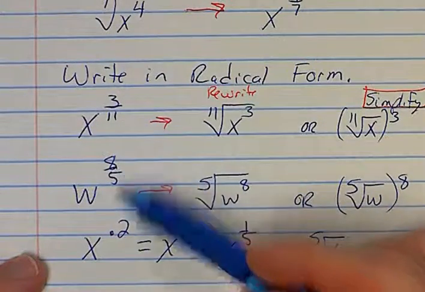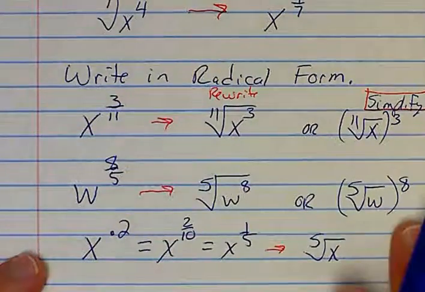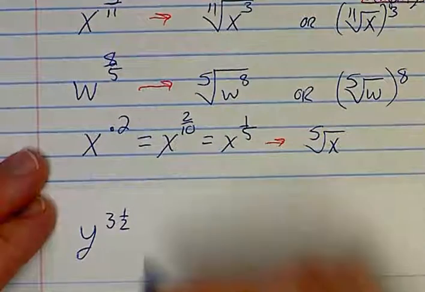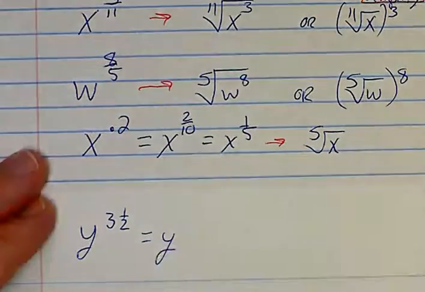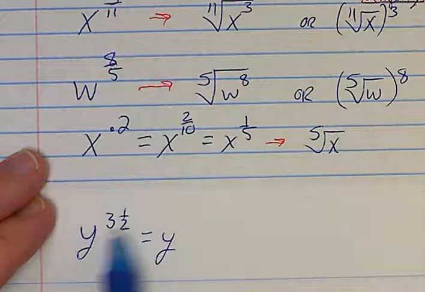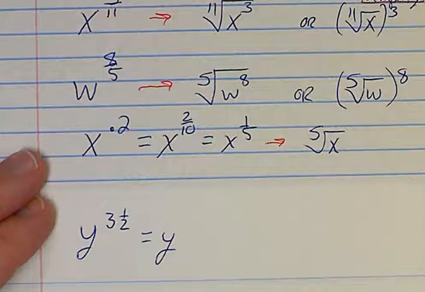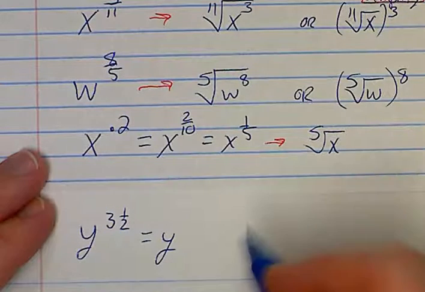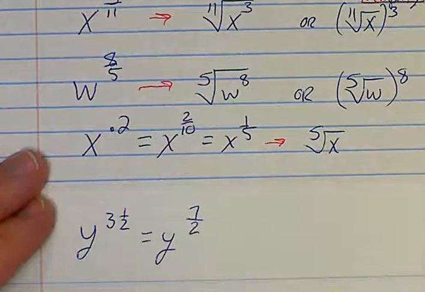This one was improper. It was 8/5. So either way we go on this one, it just needs to be a fraction. So obviously it's going to be improper. And going back to 6th or 7th grade math here, how do we change 3.5 so it's an improper fraction? There you go. So you're going to multiply these two numbers, and then you add the 1 on top. So 2 times 3 is 6. 6 plus 1 is 7 over 2.